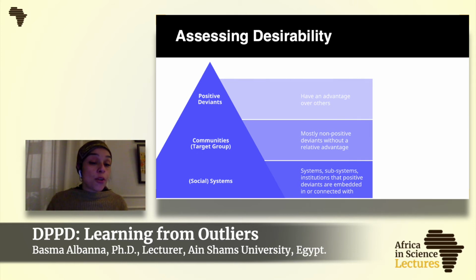So you have to make sure that the positive deviants wouldn't shy away or resist scaling their practices in fear of losing a certain competitive advantage. You also need to make sure that scaling those practices wouldn't affect the social system at large or have a negative impact on the non-positive deviants.